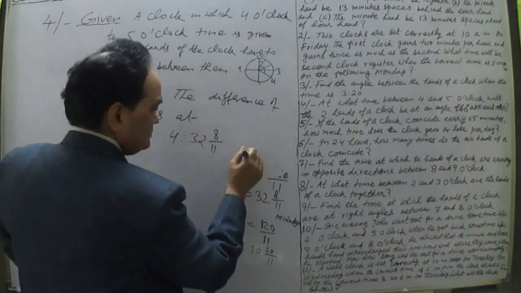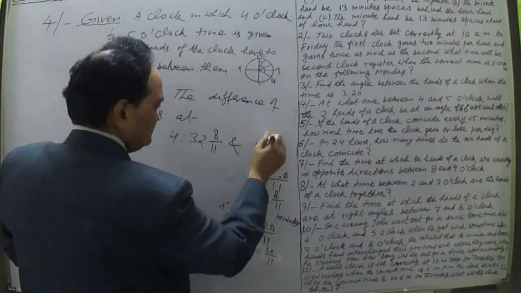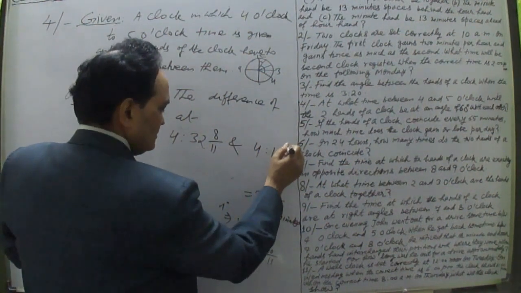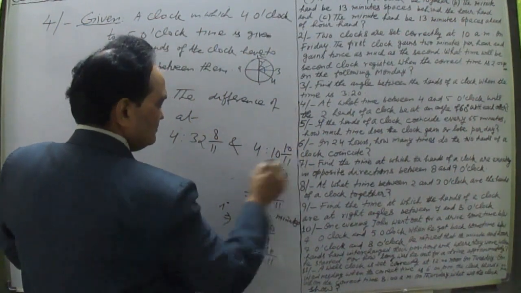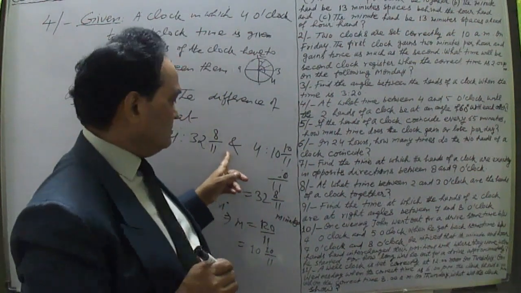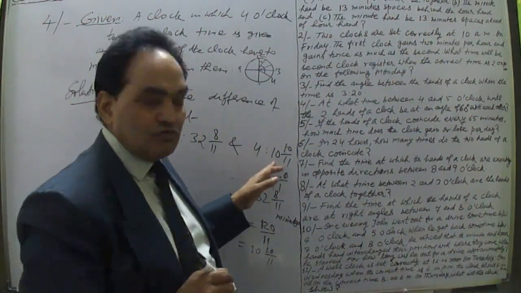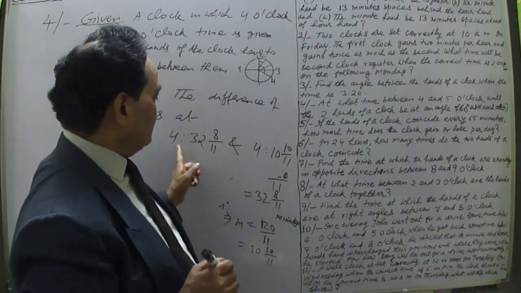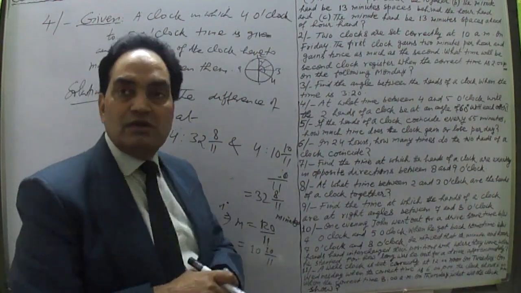Okay, and 4 and 10 and 10 upon 11. So at 4:32 and 8 upon 11 minutes, and between 4 and 10, the hour hand will be here and the minute hand will be at 4:32 and 8 upon 11.